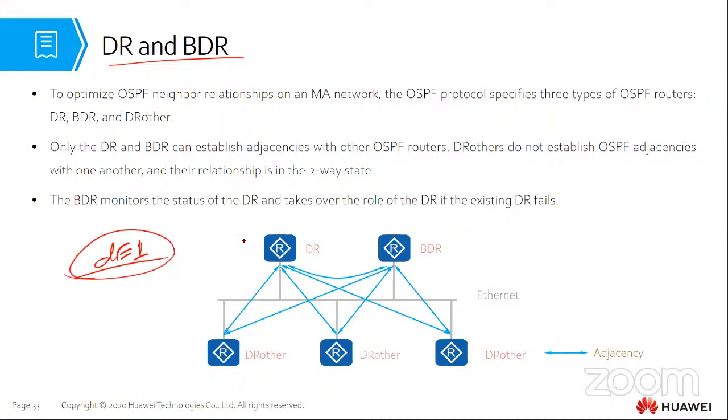So unless you change it, all the routers will have the same DR priority. In that case, the routers will choose a router with a larger router ID to become the designated router. One important thing is that BDR election happens in non-preemption mode.